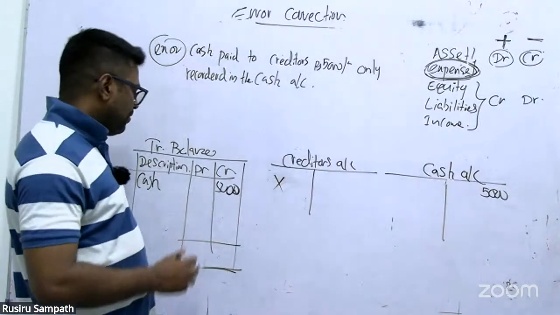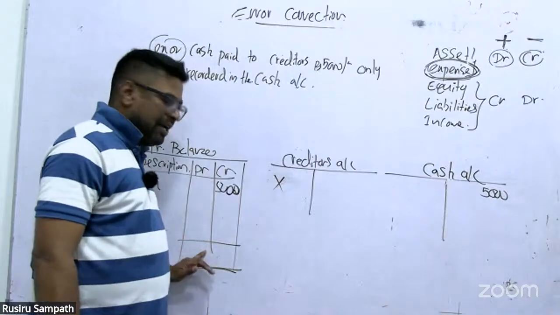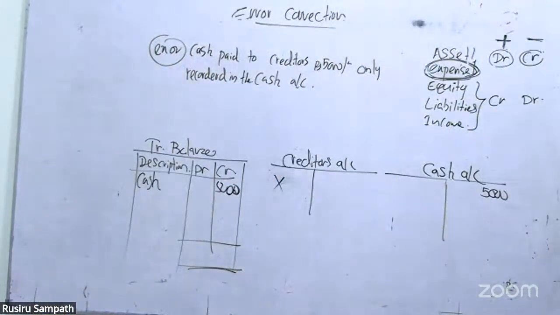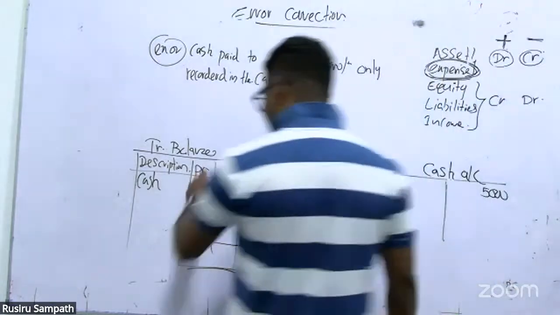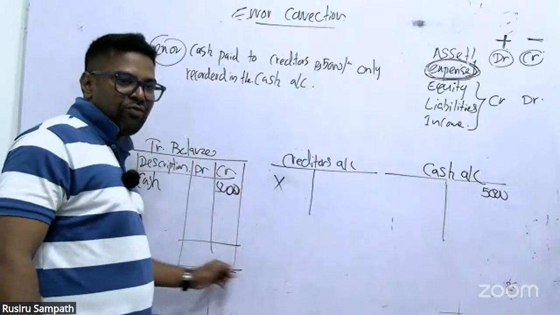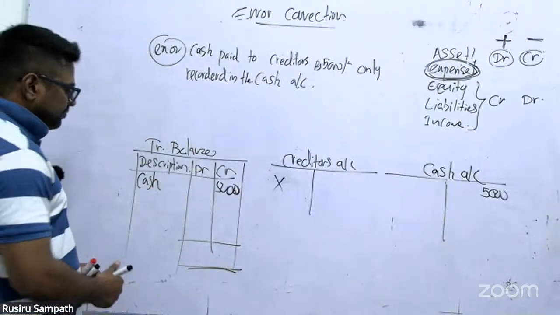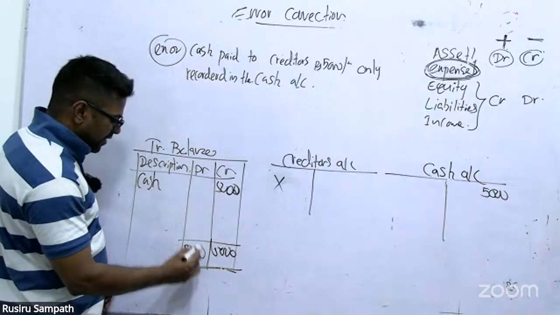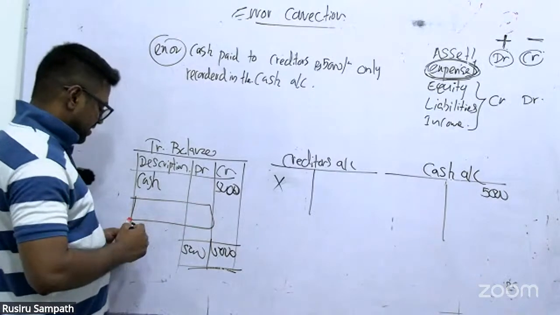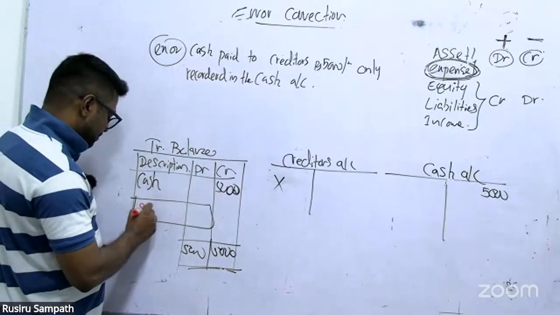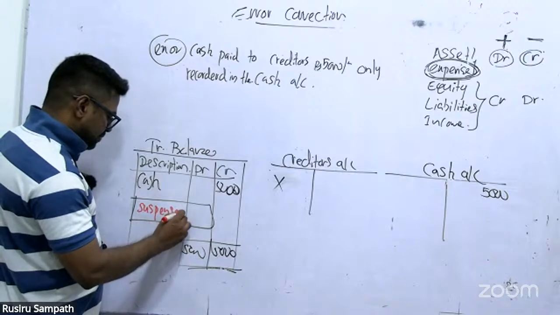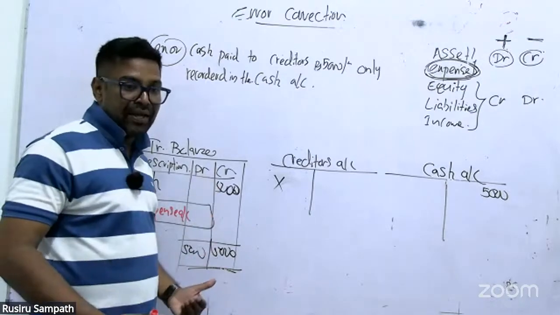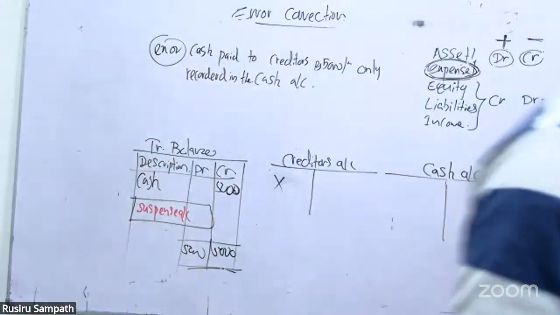Then how do we define it? You know the debit balance must be equal to the credit balance in the trial balance. It must be equal. If it is not equal, a difference is created. We call the difference created on the debit side the suspense account. Suspense account means a temporary account. Sometimes the trial balance does not balance.